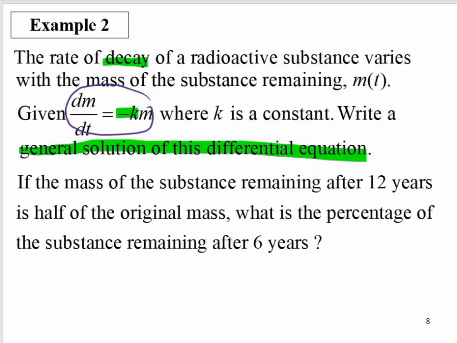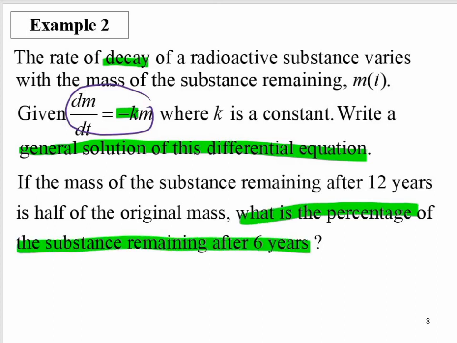The next problem is, what is the percentage of the substance remaining after 6 years? So now we are going to substitute our t with 6. So when t equals 6, our mass is equal to m naught e to the power of negative 0.0578 times 6.